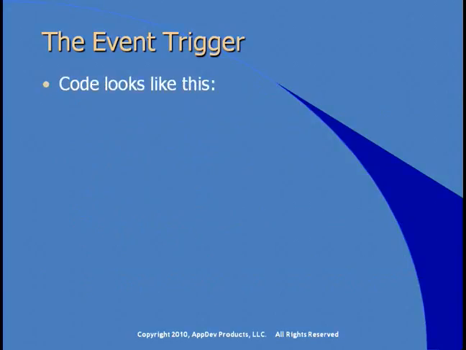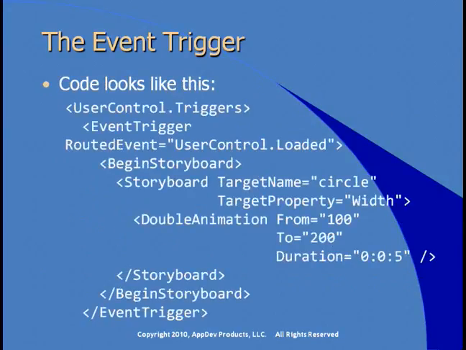And the code for the event trigger looks something like this. You have the userControl.triggers outer element, then an event trigger whose routed event attribute contains the name of the event you're triggering on. That contains the begin storyboard element, which contains the storyboard, which indicates which property of which object to animate, and then the animation itself indicates the time over which you want to change a property from and to.